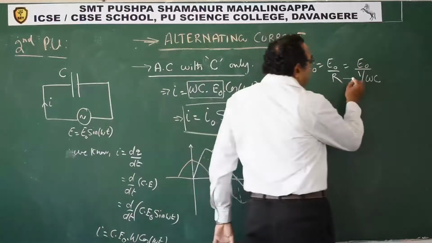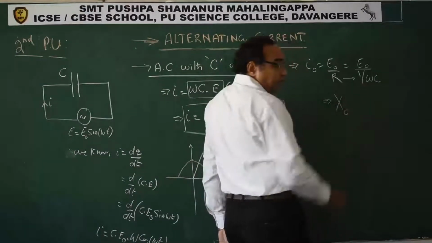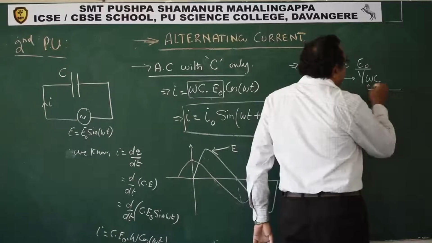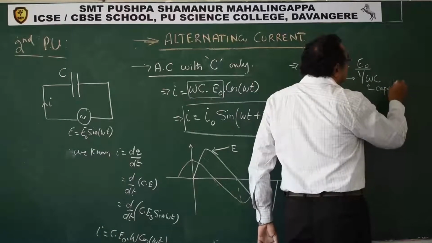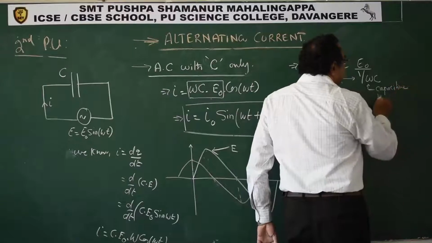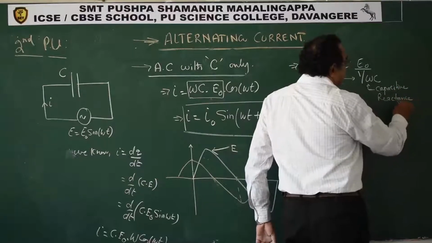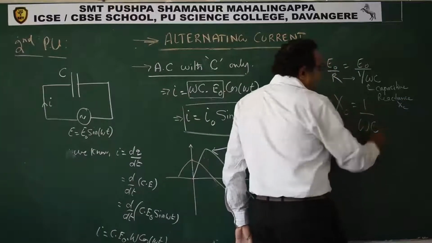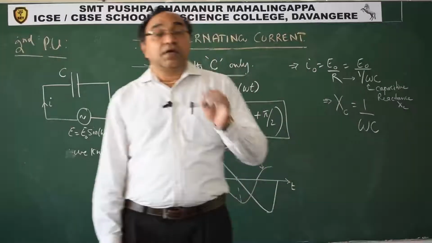Then by comparison we can say XC. This is called capacitive reactance, XC. So XC is 1 by omega C. How to define capacitive reactance?